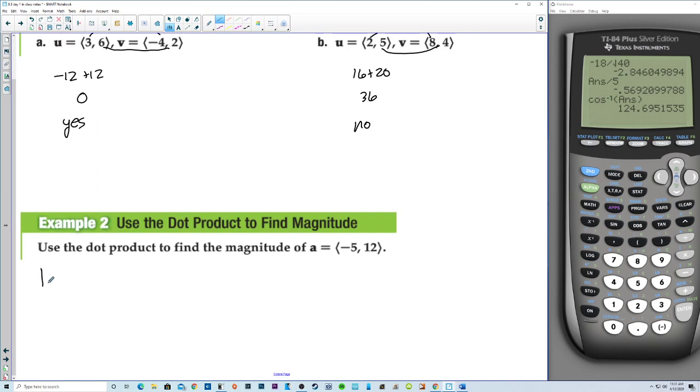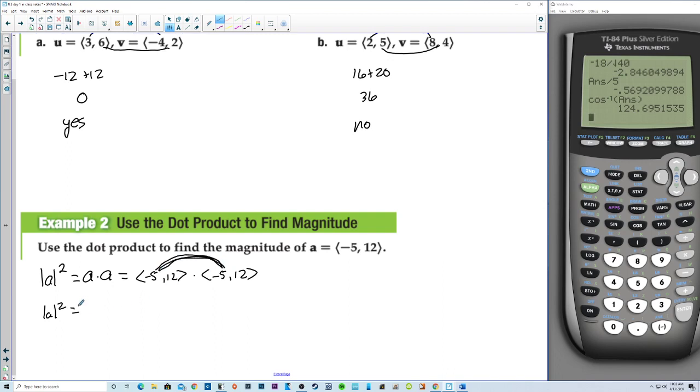So the magnitude of A, of this vector, squared, is actually equal to the dot product with itself. So that's going to be negative 5, 12, dot product with negative 5, 12. And so the magnitude squared, we can see that we're really doing the Pythagorean theorem.